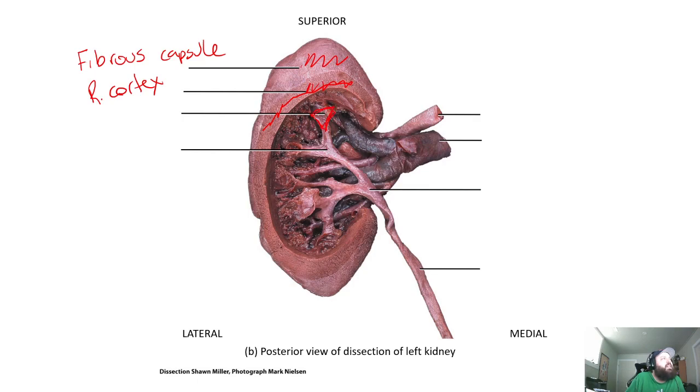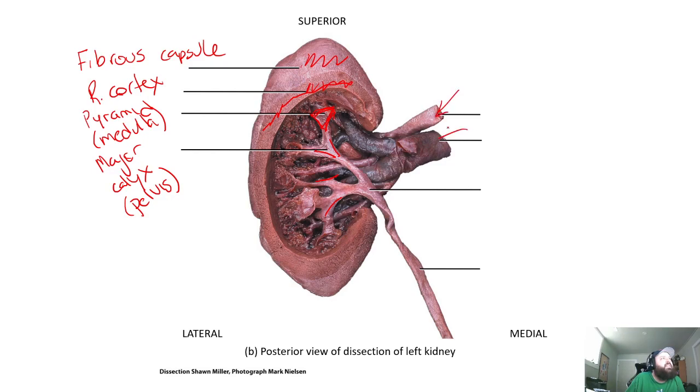This looks to me like a pyramid, so we could say this is a pyramid. But of course you could also talk about this being the medulla of the kidney as well. Here what we can see looks to be what I would call maybe a major calyx. But I could also consider you calling it the pelvis. You'll have to talk these through yourself.